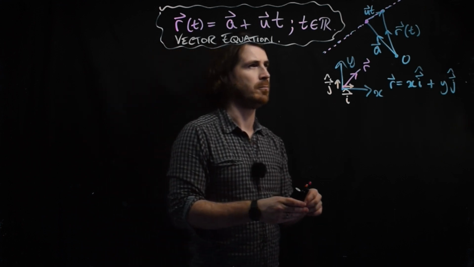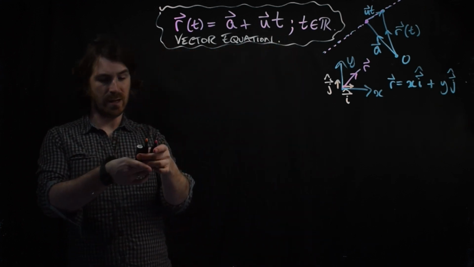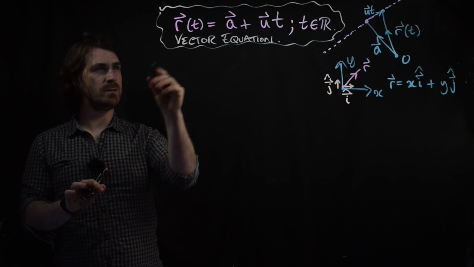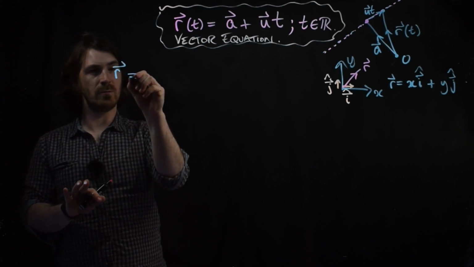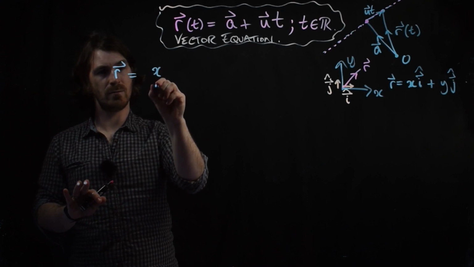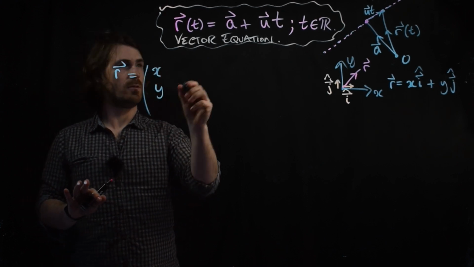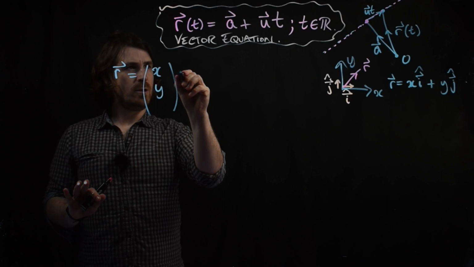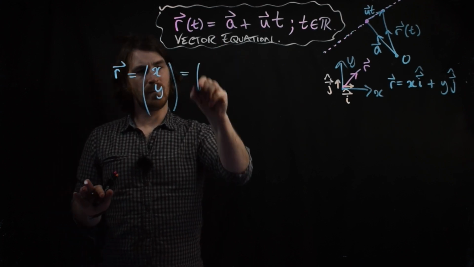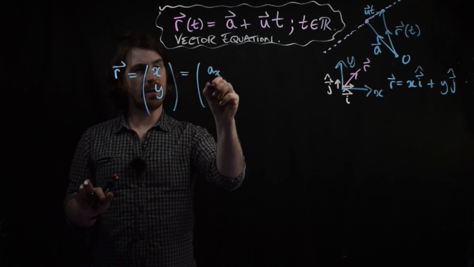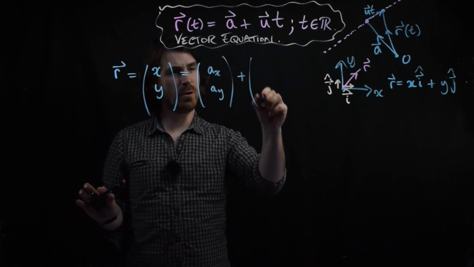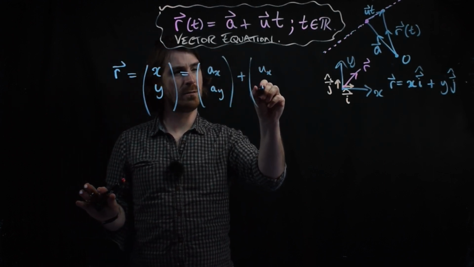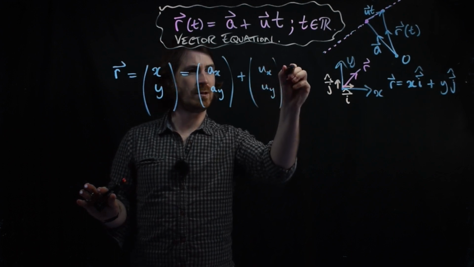So what we're saying is that in this case we have r, which represents some coordinate x, y, equals a, and the components of a are ax and ay, plus u, and the components of u are ux and uy, times t.